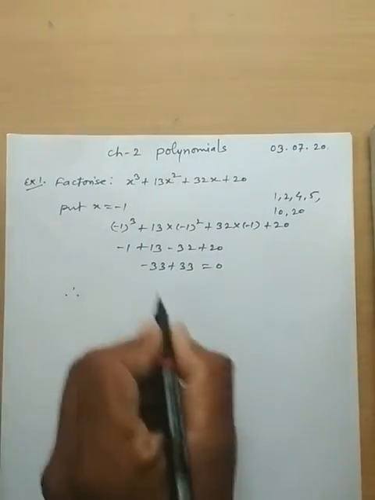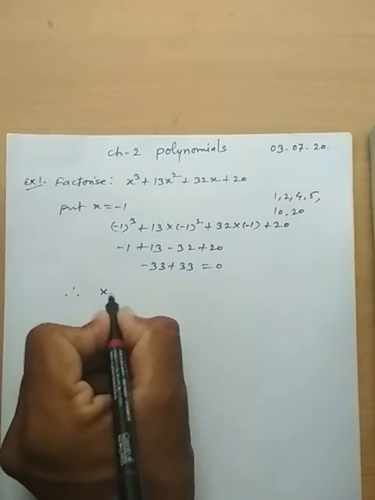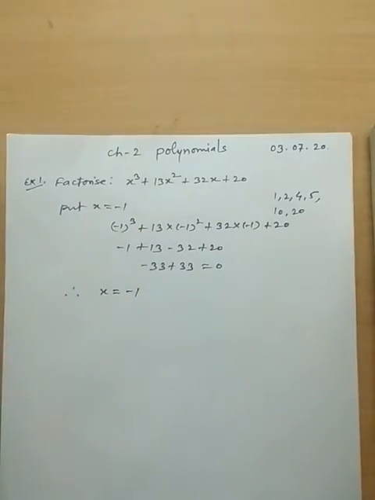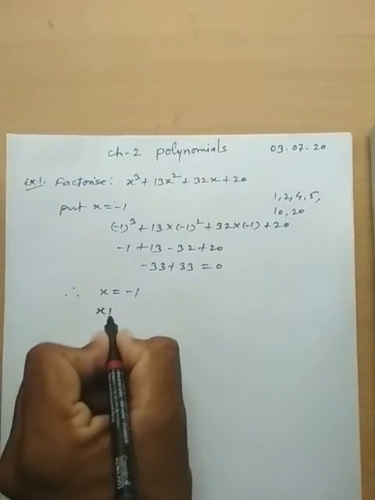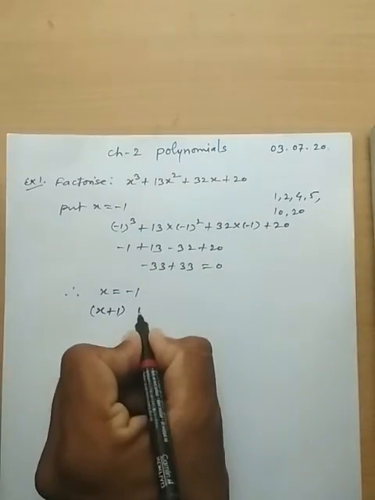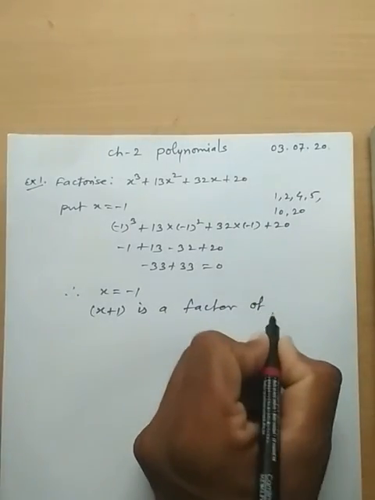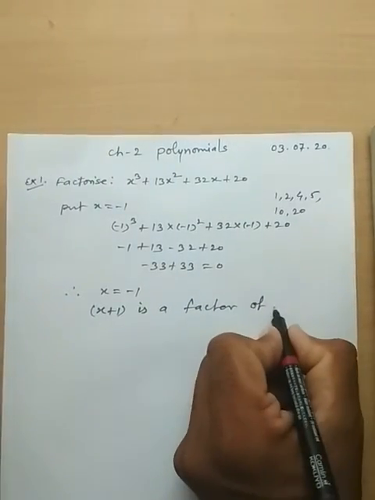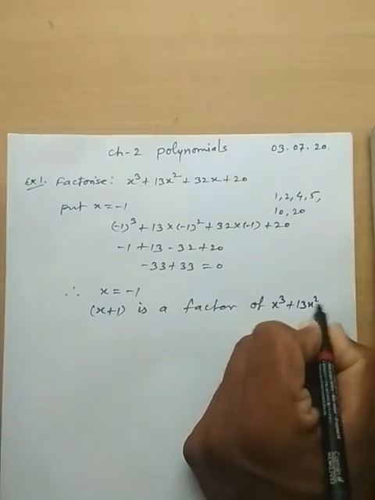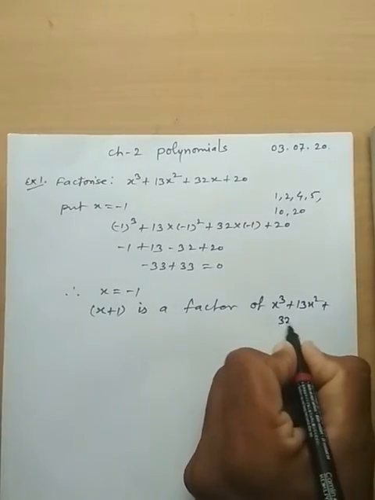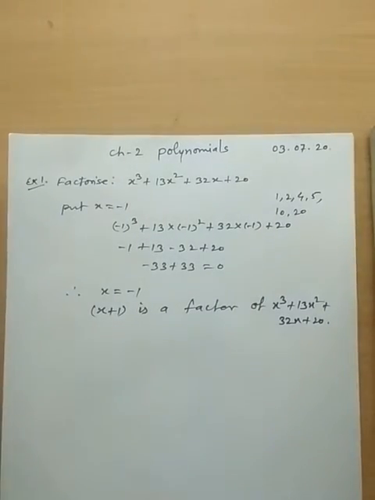Therefore x equal to minus 1 is a zero. Here x equal to minus 1, transposing minus 1 to the LHS, x plus 1 is a factor of this polynomial p(x), x cube plus 13x square plus 32x plus 20. x plus 1 is one factor.